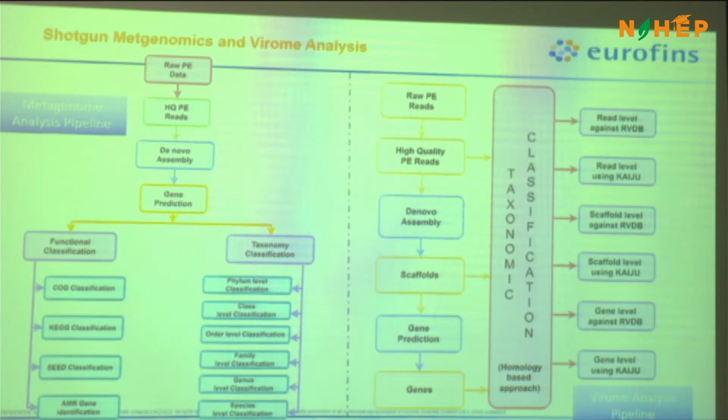And at the functional end, we can again use Cognizer or other tools for doing the functional classification, wherein we will get different KEGG and COG annotations. And if you are interested in doing AMR, that is antimicrobial resistance genes, there are databases available for that also, where we can do antimicrobial resistance gene analysis through whole metagenomics, right?